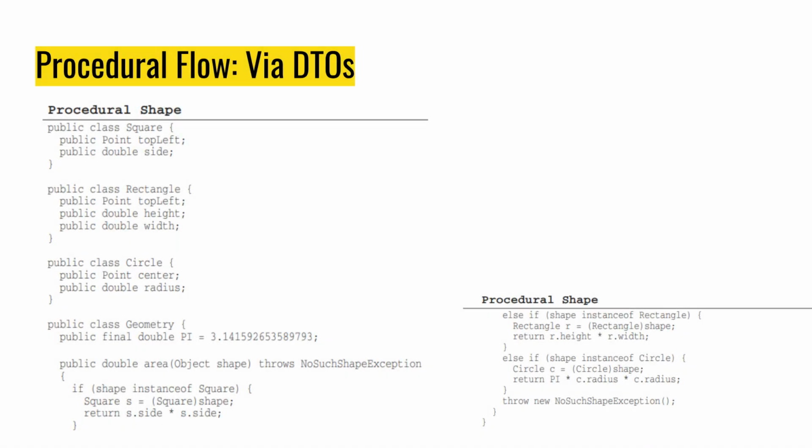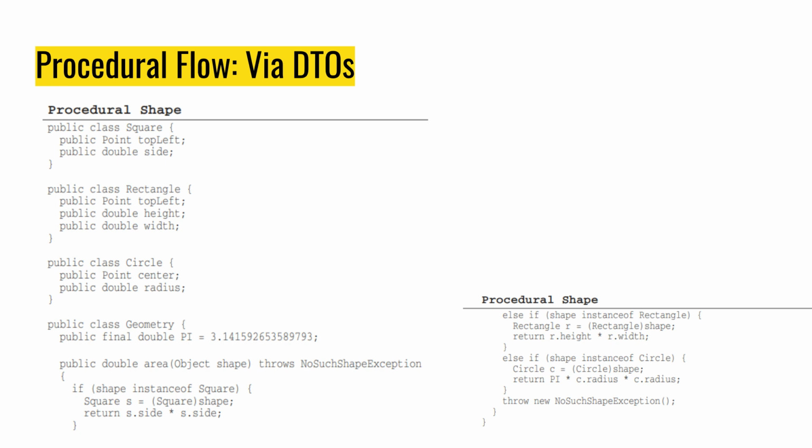And procedural flow via DTOs. Basically, when you don't use any POCOs and you use only DTOs, you can have something like this, where you feed pure data transfer objects into some controller, a geometry controller in this case.